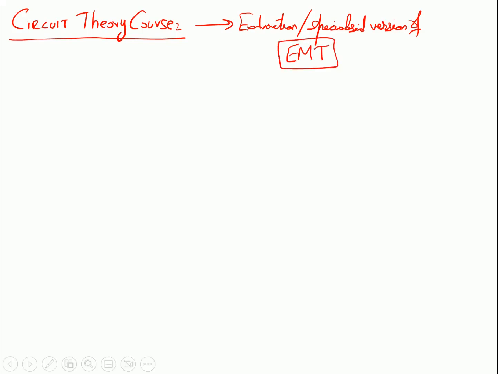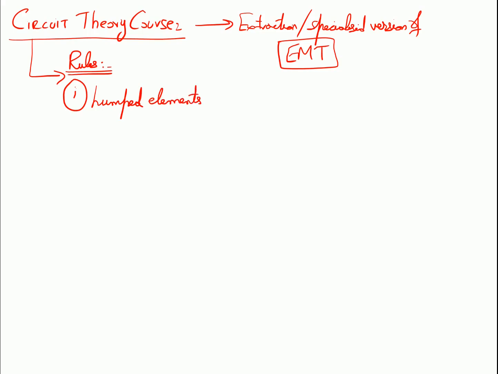And how do we make this an extraction or a specialized version? So we considered certain rules when we were studying the circuit theory course. So what were the rules? The rules were such that for the circuit theory course, we assumed that the components were lumped in nature, or we said they were lumped elements.